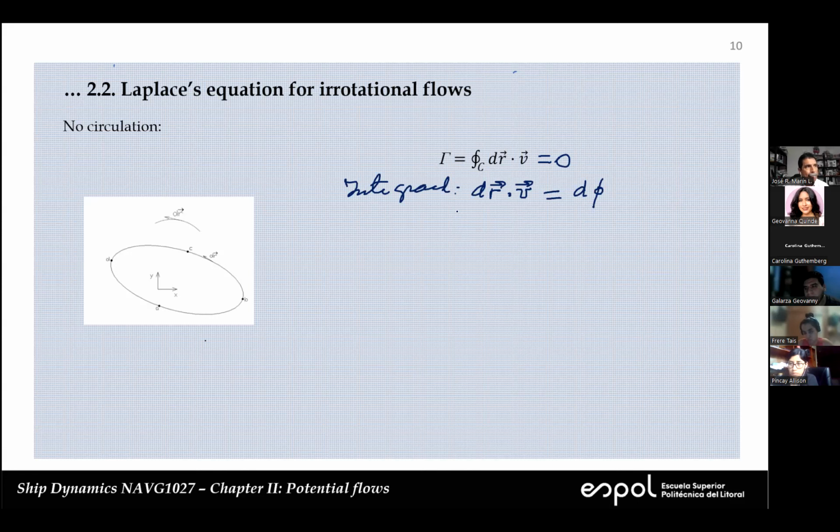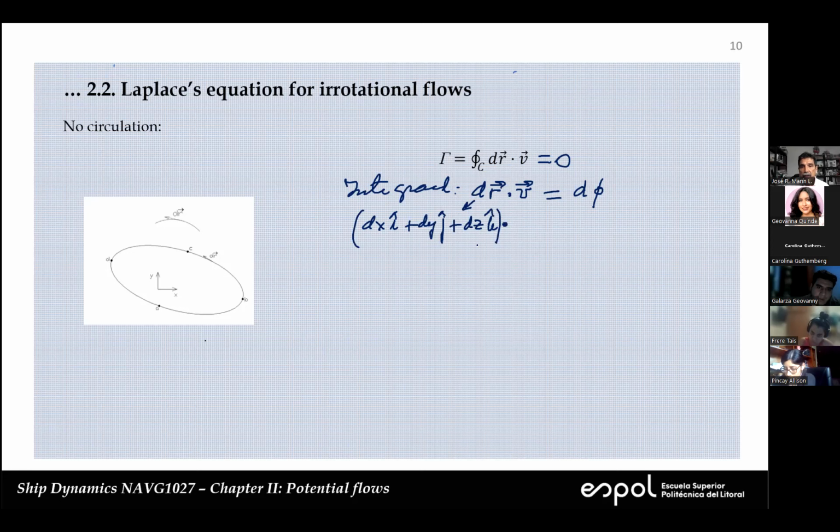Now, this dr is dx in the i direction, the x direction, dy in the j direction, and dz in the k direction.